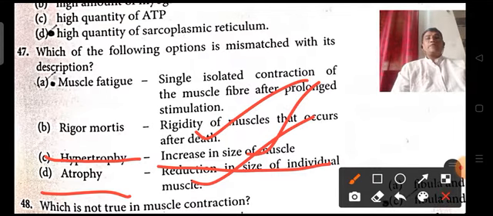When there is muscle fatigue, the energy supplied to the muscle is reduced because of continuous contractions or stimulus, or the stimulus given gradually decreases.